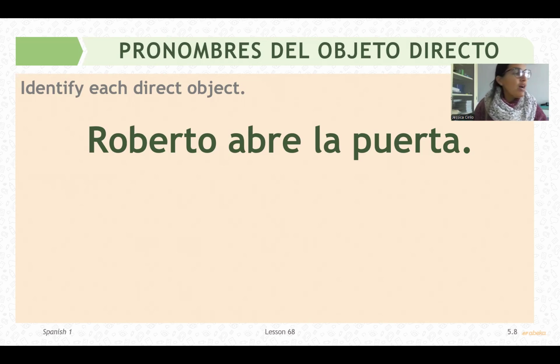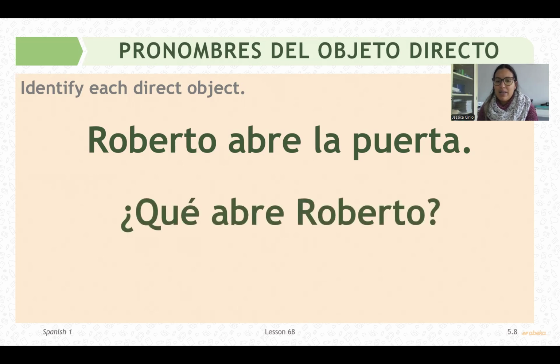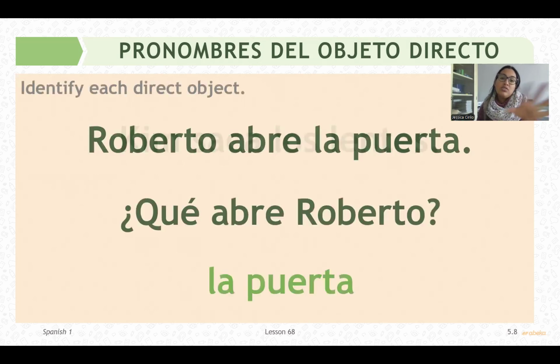So what would you have to do? Look at your table. Okay, la puerta is feminine and it's singular, it's one. So you use la. Roberto, and then you place it before the verb, la abre. Well, here is just direct object, but we're practicing everything.